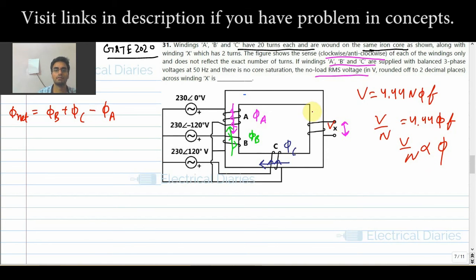If the flux is constant in the core, the same iron core, it means the flux is the same for every winding. So the voltage per turn will also be the same for every winding.